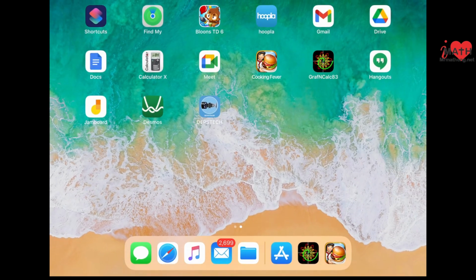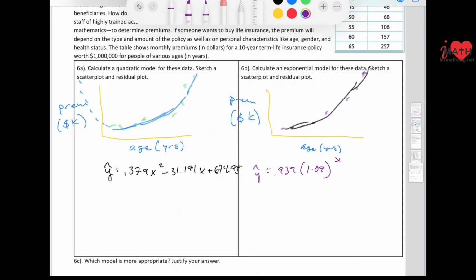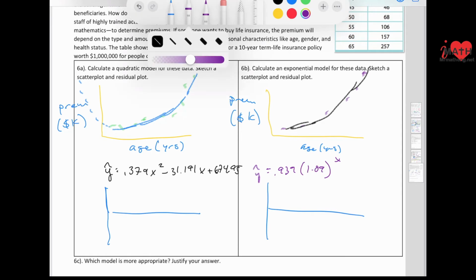So I'm just going to do a quick sketch of the graph. This is what this one looks like.